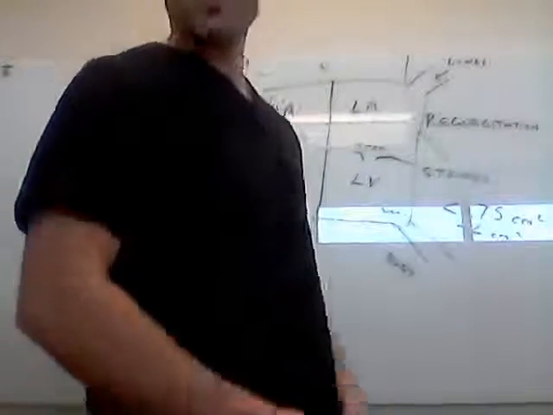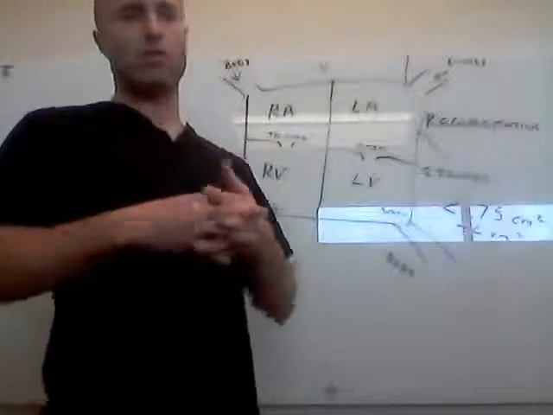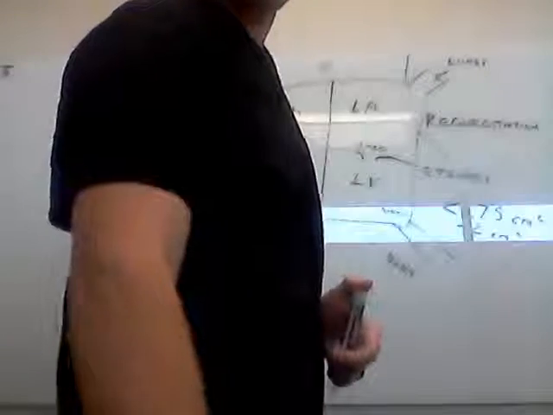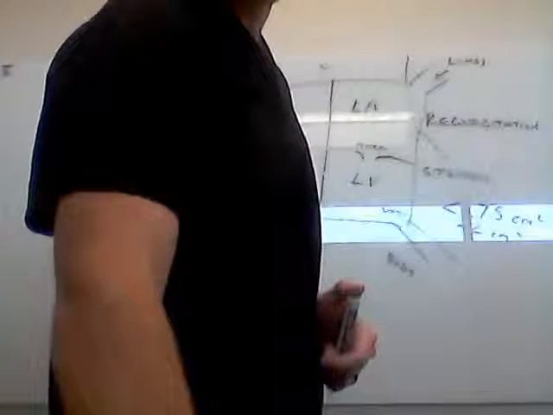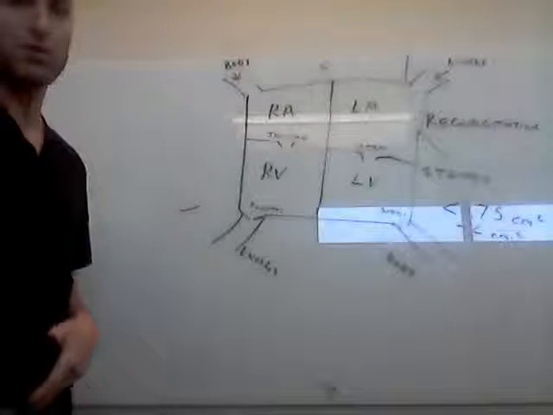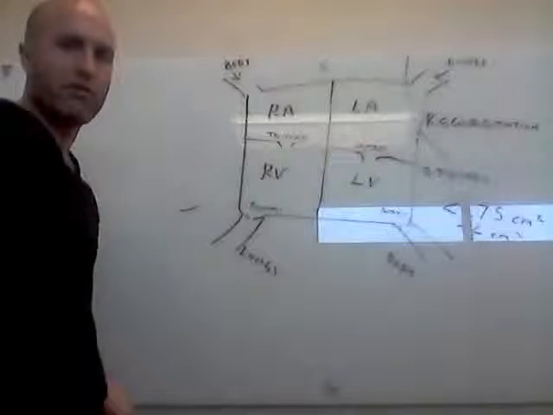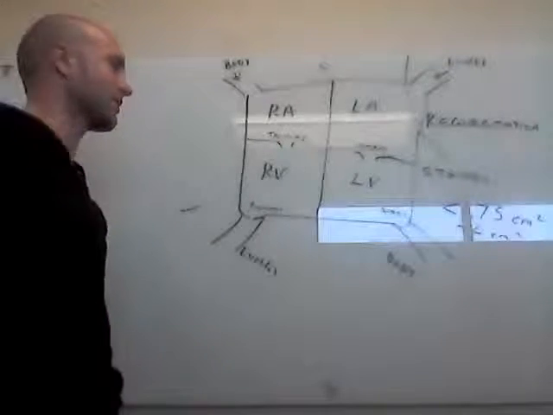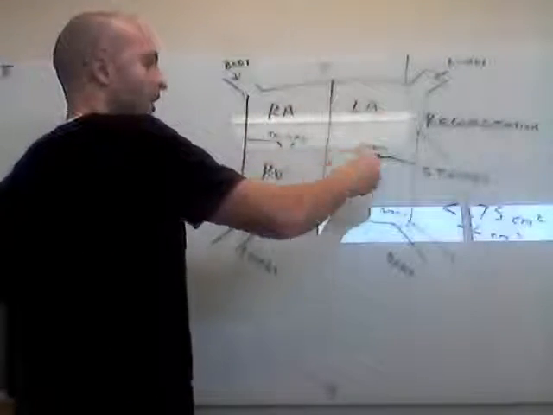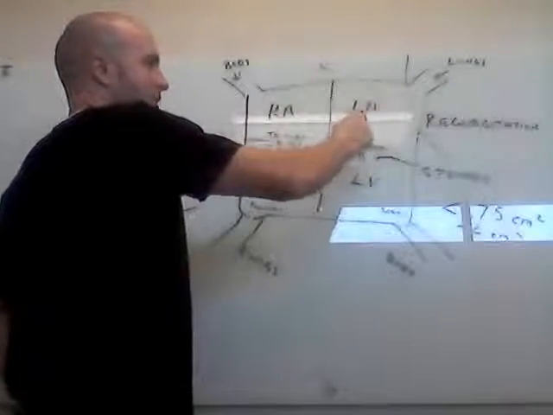So then it says, understand the pathophysiology of mitral stenosis. So we already explained that pretty well. It says that as the mitral stenosis worsens, right ventricular failure develops. And that makes sense, because if you start here and you make this smaller, this is going to have a harder time. If this has a harder time, what's the next thing?